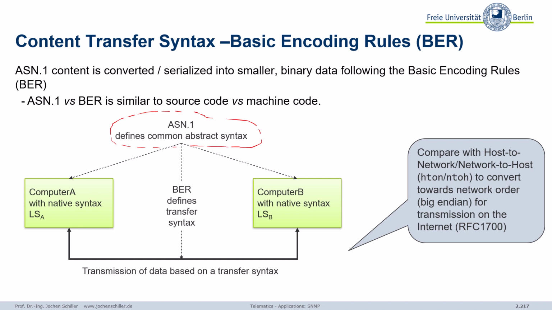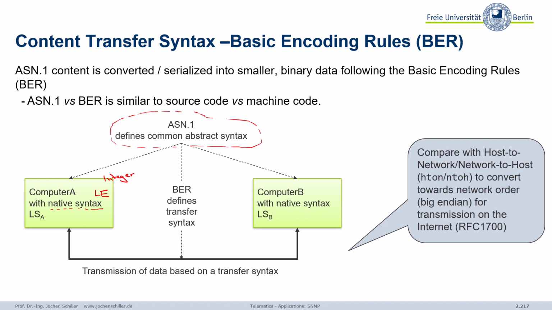Okay? And then we all know that from vendor A, the computer has the native syntax. Native syntax means you store, let's stay with our simple example, everything locally in little endian. But you know that this should be an integer.